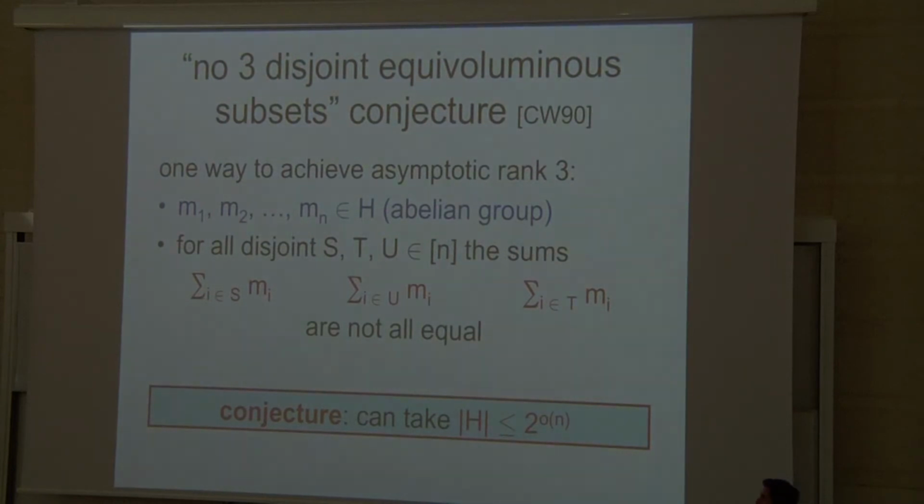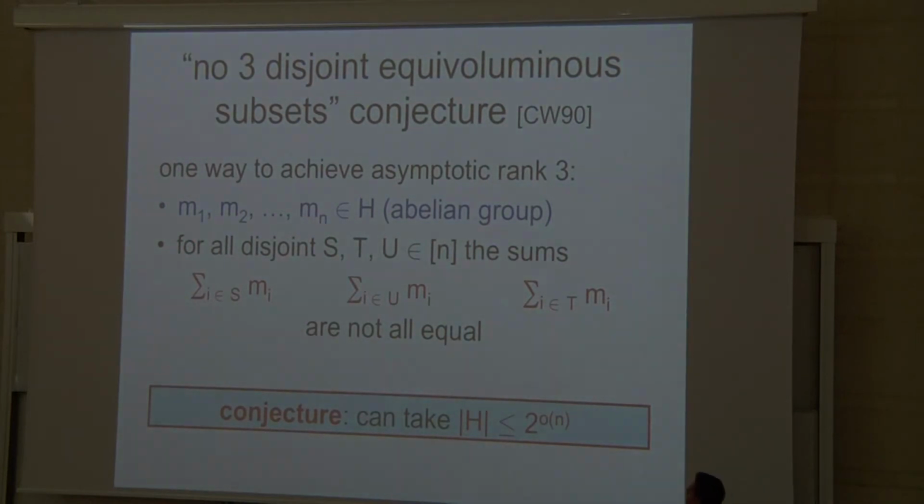And one thing that I wanted to point out is that if you take, for example, the group to be Z_2^n, and you take the n different elements to be the n elementary vectors, then that's an easy way to satisfy this, right? Because every sum is just the characteristic vector of the set, and so three different sets are going to be three different sums.